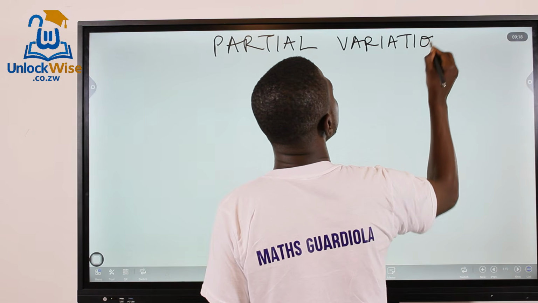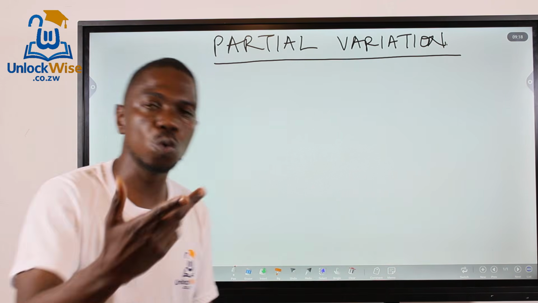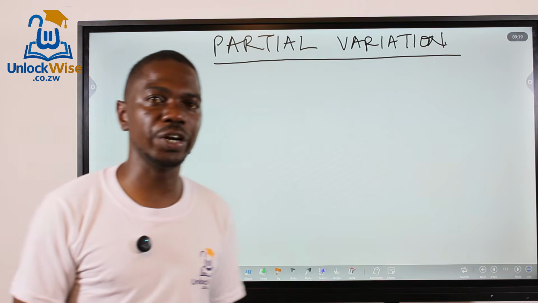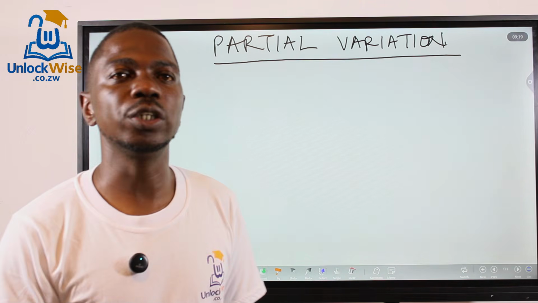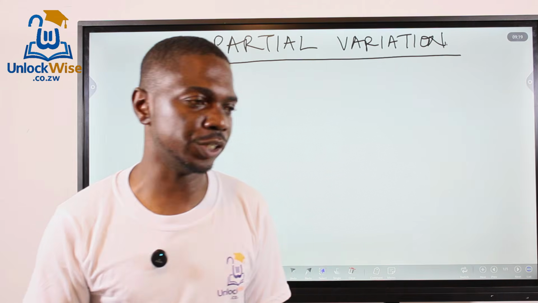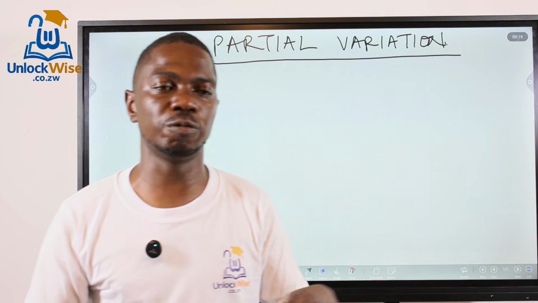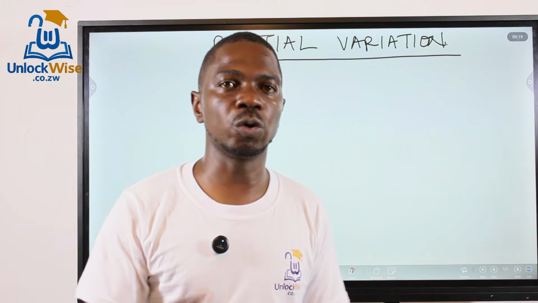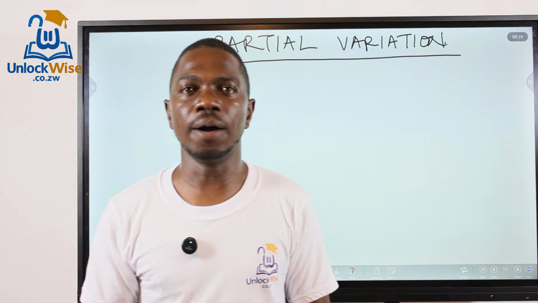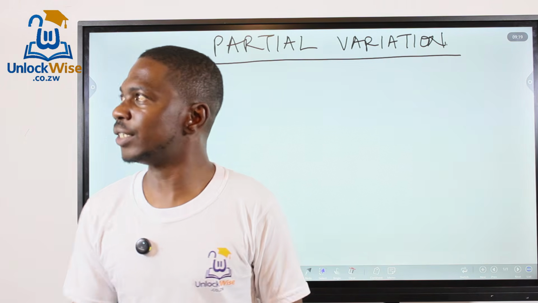What happens to partial variation is it does have two constants. Partial variation has two constants, and you should be able to solve simultaneous equations so that you are able to calculate the values of the constants, and then you can answer the question with ease, right?